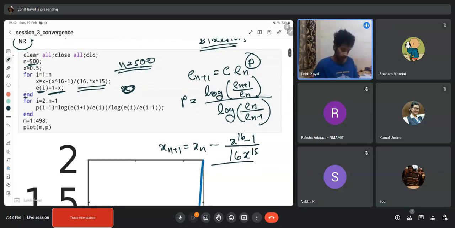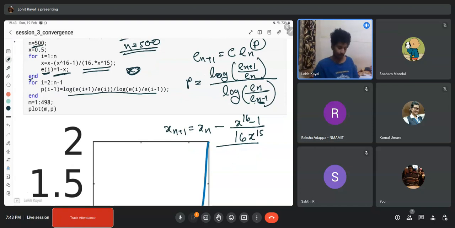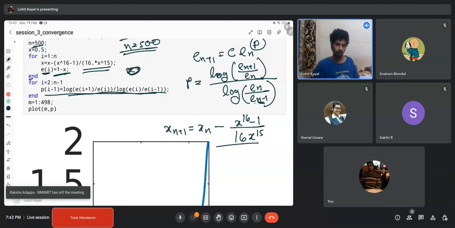Remember that you have to modify the range of I a little, because I goes from 1 to 500, and in the formula you have I minus 1 and I plus 1, so it cannot start from 0 and it cannot go beyond 500. That means it cannot go up to 501. So I have modified my I accordingly, and here the m will be 1 to 498, and I have plotted it.